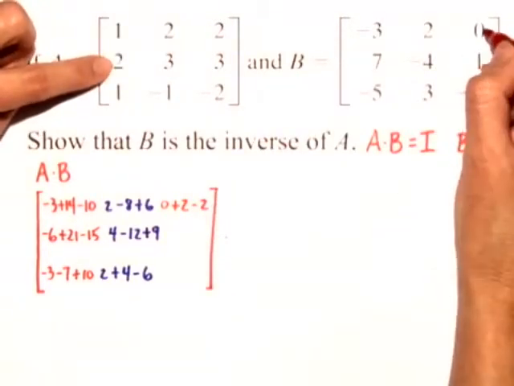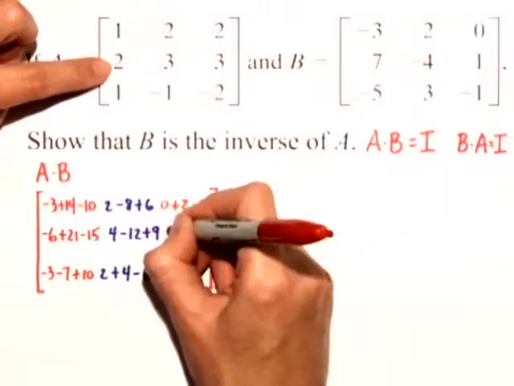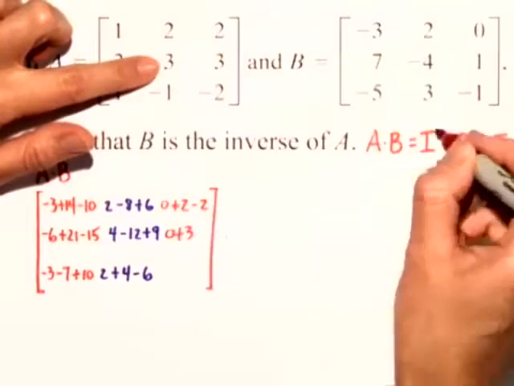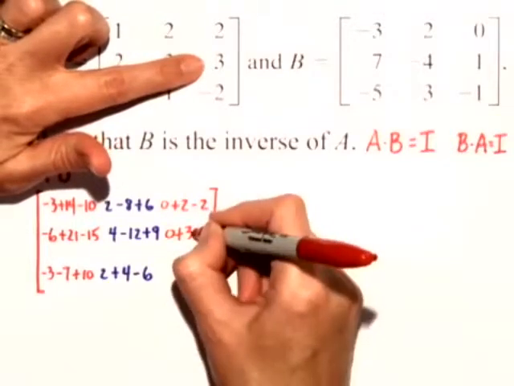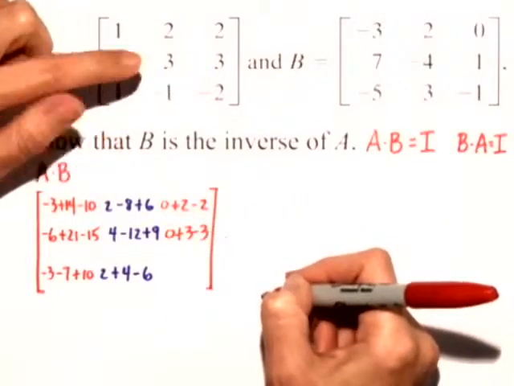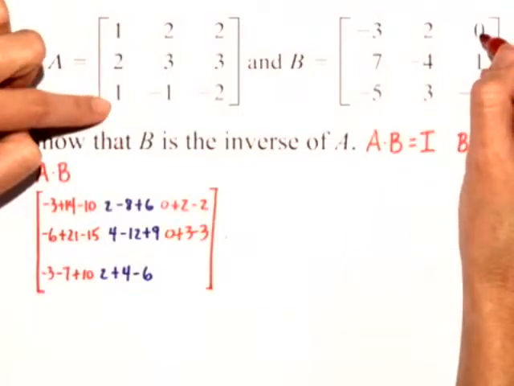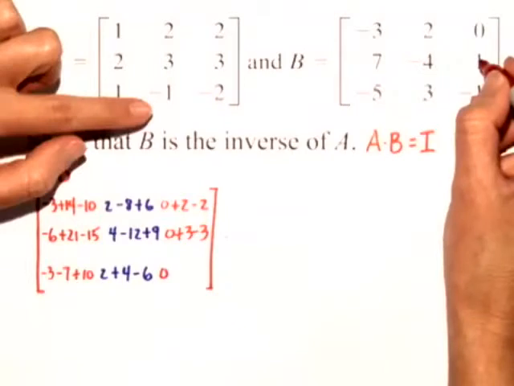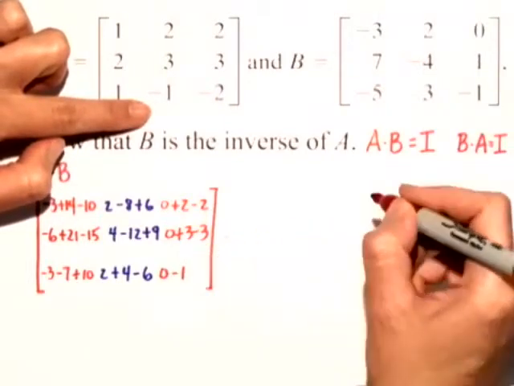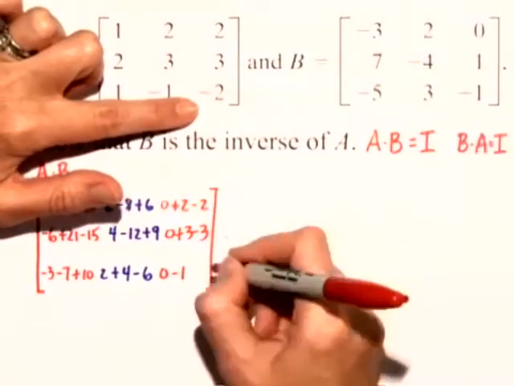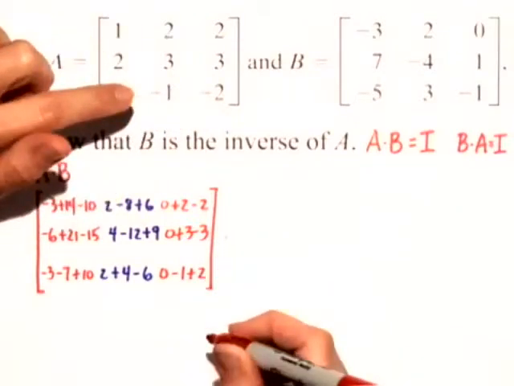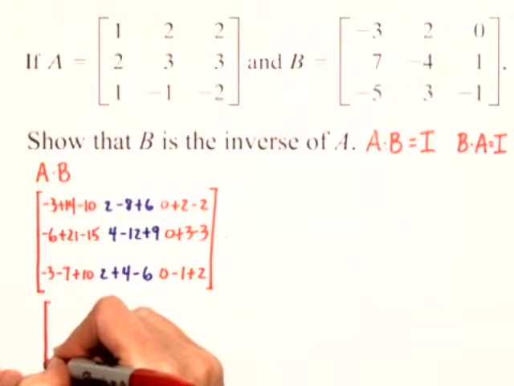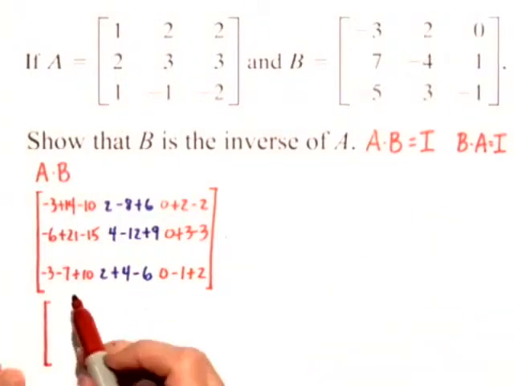Row 2 times column 3. 2 times 0 is 0, plus 3 times 1 is 3, plus 3 times negative 1 is minus 3. And then we have row 3, column 3. 1 times 0 is 0, plus negative 1 times 1 is minus 1, plus negative 2 times negative 1 is plus 2. And then I'll simplify this matrix to show that it is the identity matrix.